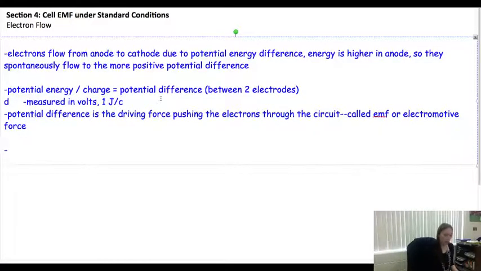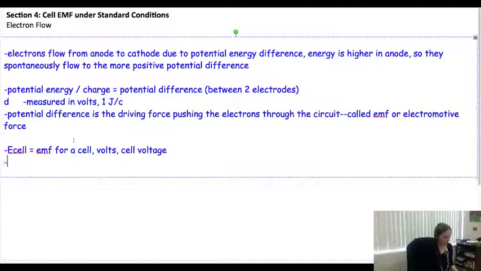Okay, the E for a cell, and oftentimes you'll actually see that CELL is kind of like a subscript. That is the EMF for a cell. It's usually in volts, and it's also called cell voltage. Okay, if your cell potential is positive, that means it's going to be spontaneous.